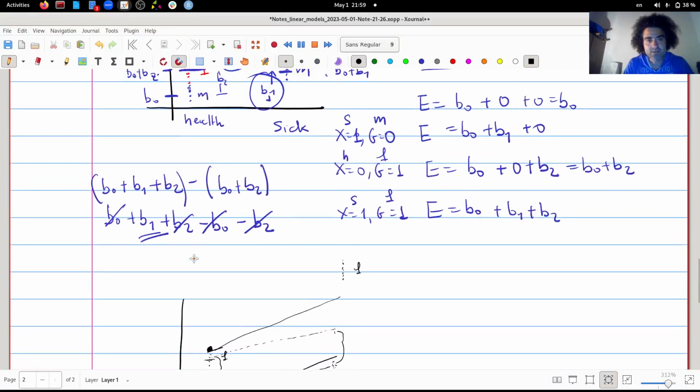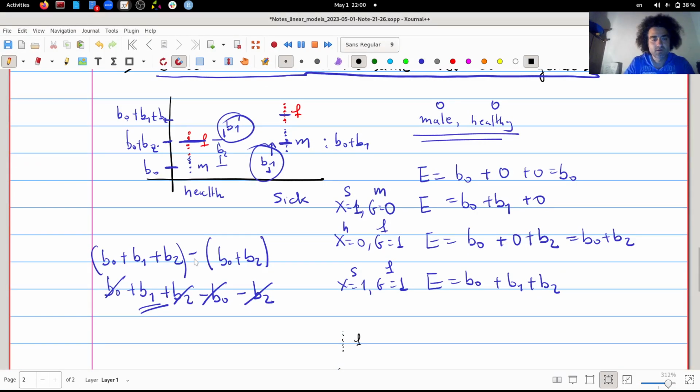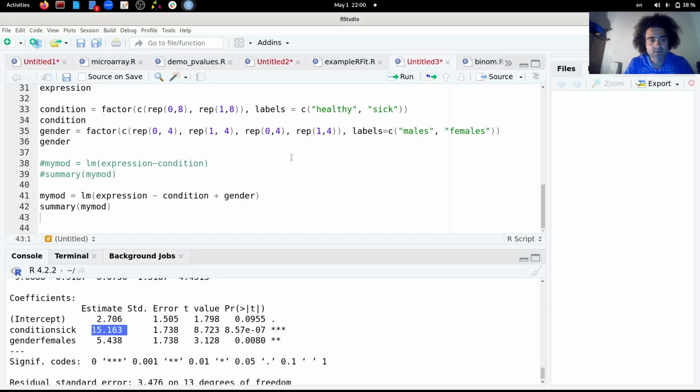So being sick means that regardless of your gender, if you are male or female, you have an increase, which is this B1 here, plus 15 point something. And being a female, also regardless of being sick or not, has an effect of plus 5.4.